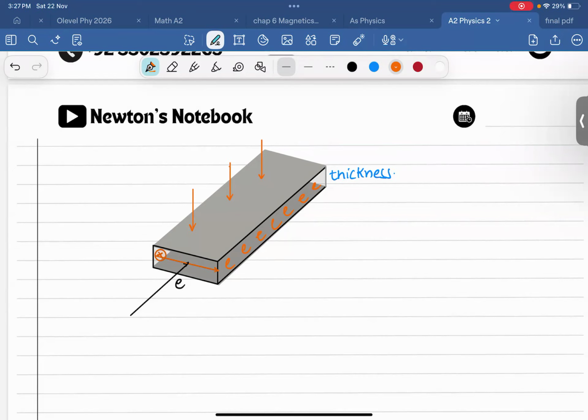The directions of the magnetic field and electric field, you can see, are perpendicular. So we have the magnetic field, and we have the electric field generated between the two faces.